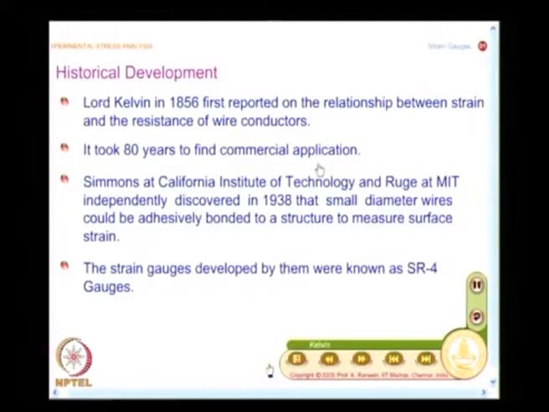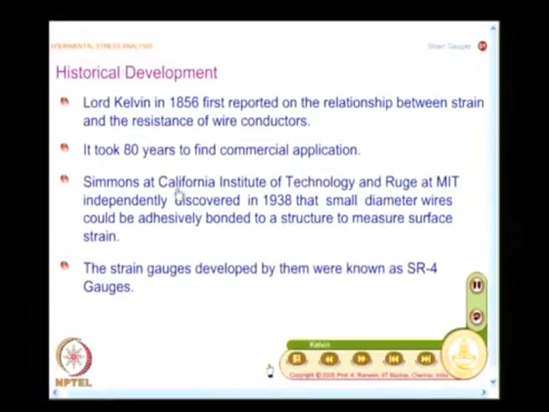And one of the earliest strain gauges was developed around 1938, and there were contributions by Simmons at California Institute of Technology and Ruge at MIT. They have contributed, and we will see this development a little while later.